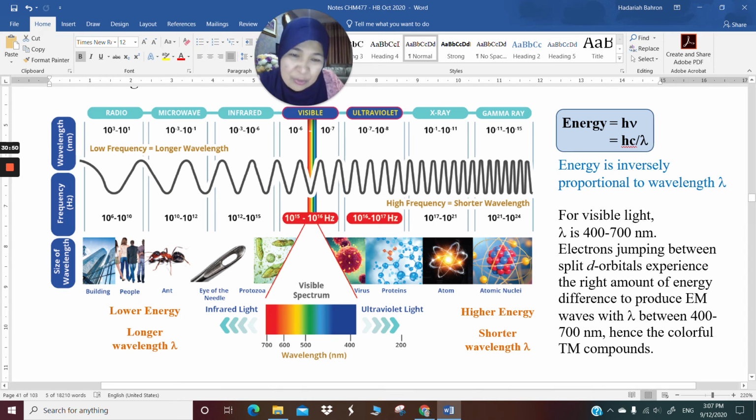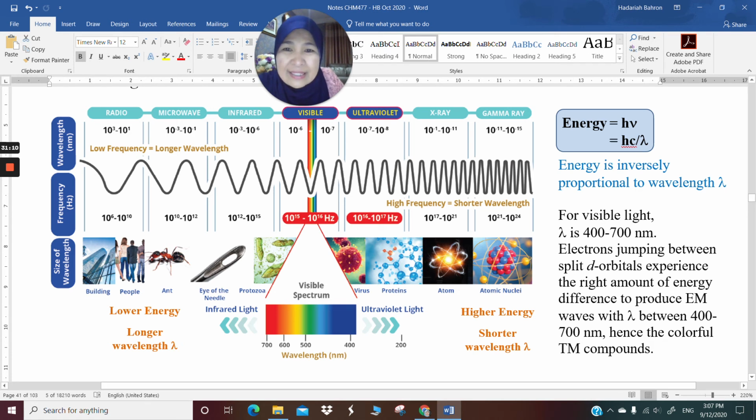It has short wavelength, so it can interact with our cells. So avoid unnecessary exposure to X-ray because those are high energy radiations.